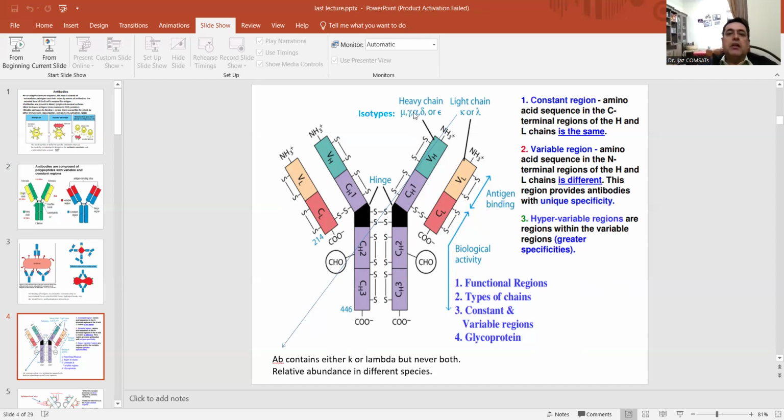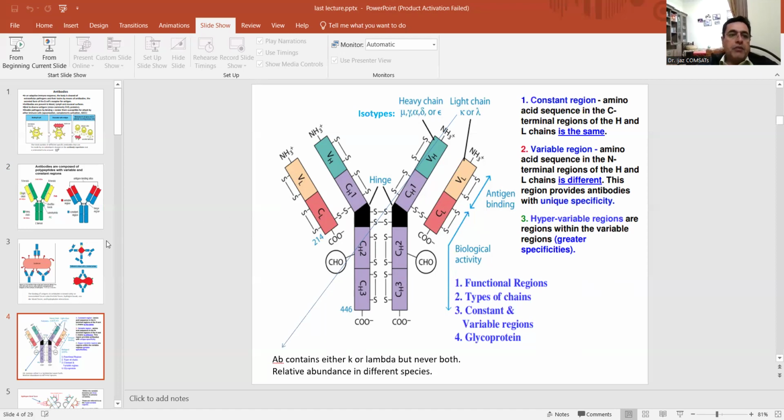These are found in different classes of antibodies. So these actually determine the classes of antibodies. For instance, in IgG or IgM or IgE, you would find different isotypes of these heavy chains.